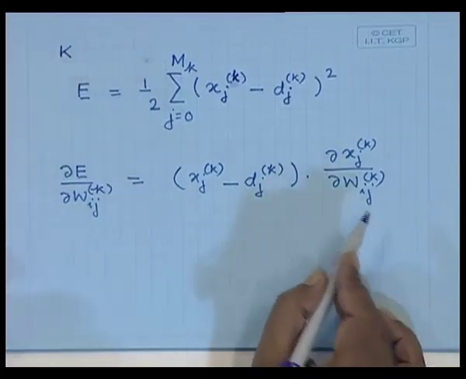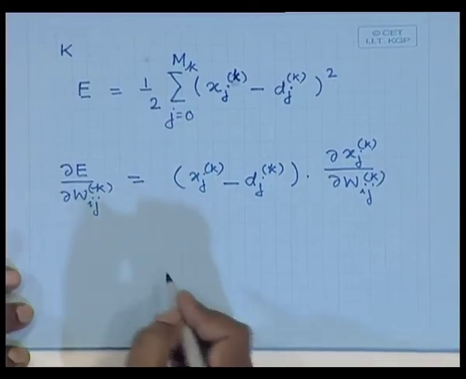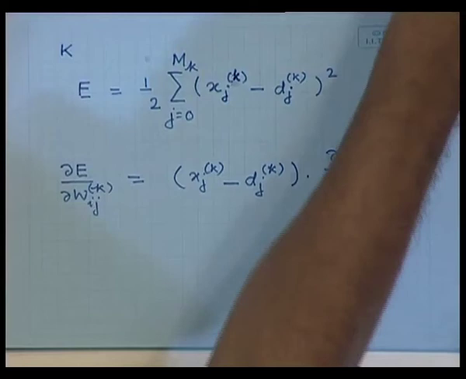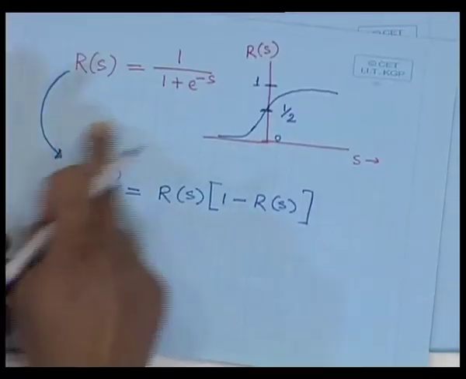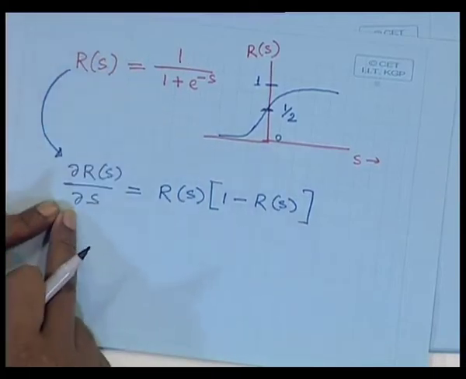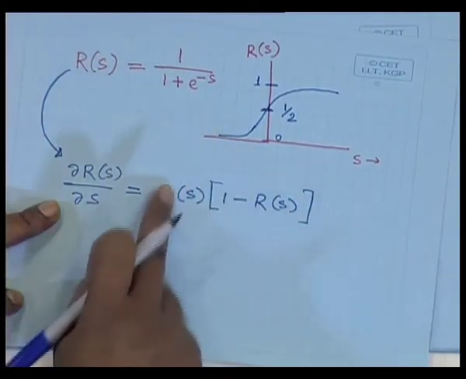So, when I take this gradient I have to take care of that nonlinearity as well. As I said earlier, the nonlinearity that I have is of this form, R(s) equal to 1 upon 1 plus e to the power minus s, and the derivative of this is like this.